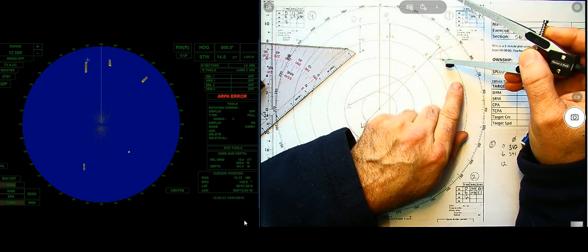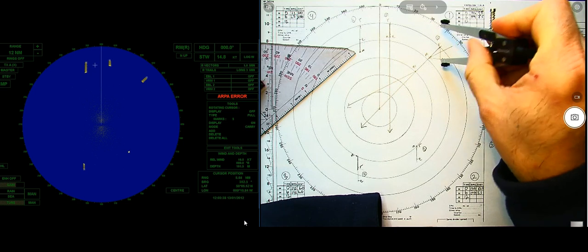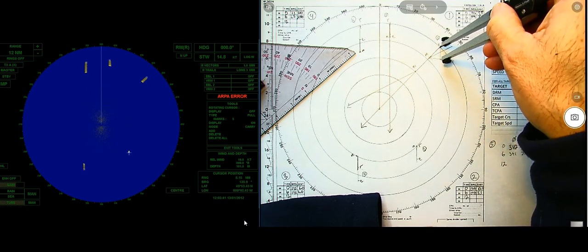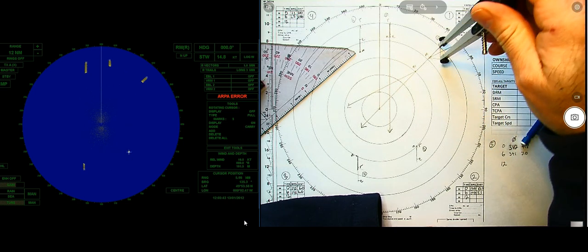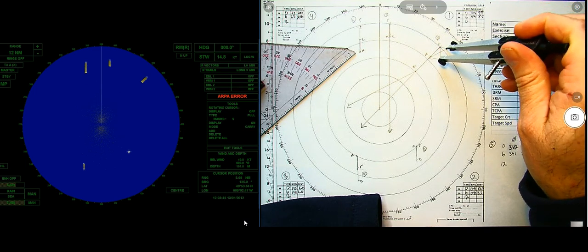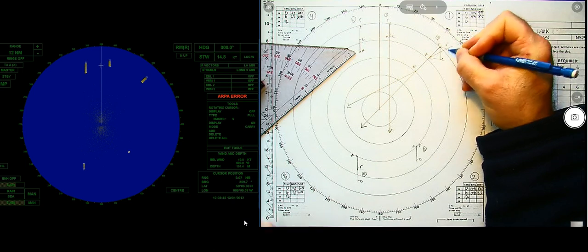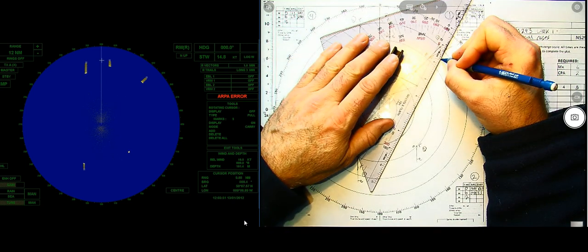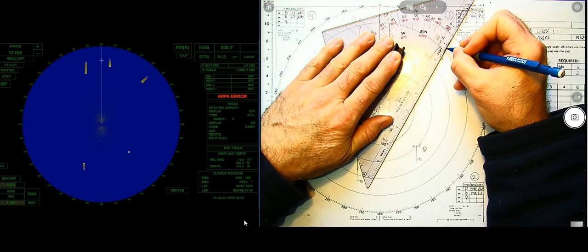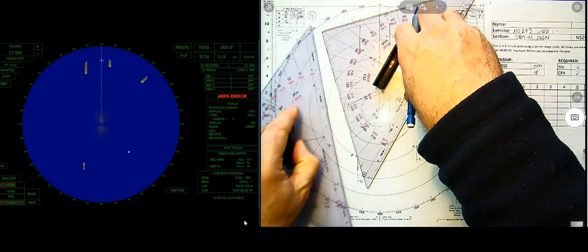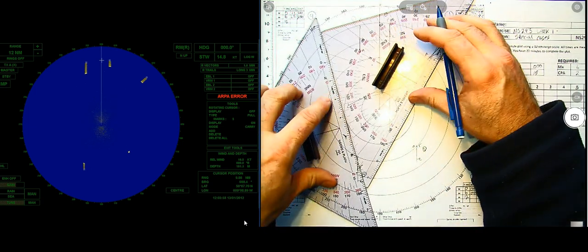I already know that in the next 6 minutes I'm going to go 1.5 miles. So I set this for 1.5, but I'm going to change my course, so I'm going to swing this. And this is now going to become what we'll refer to as R prime. This is the course I'm now going to steer in order to avoid a collision with that guy.